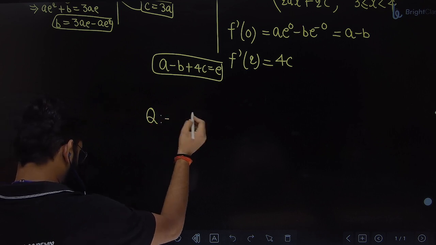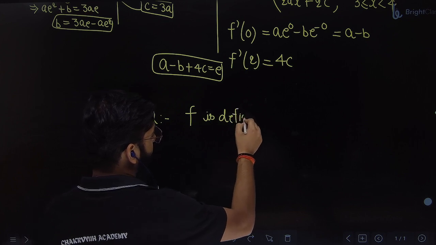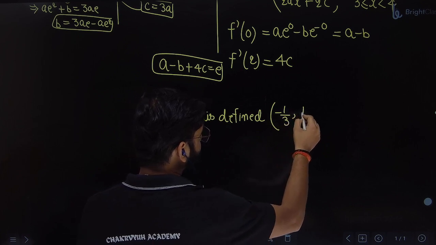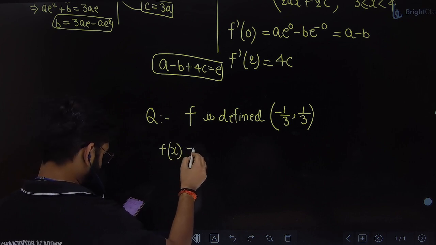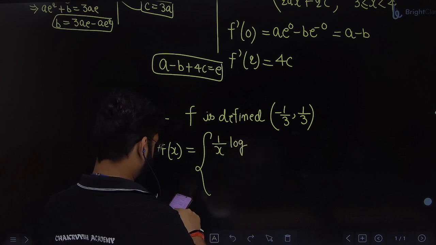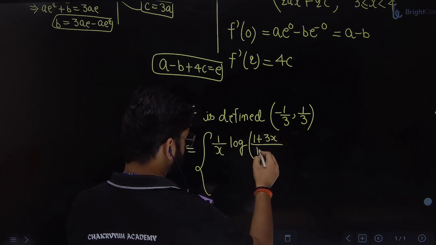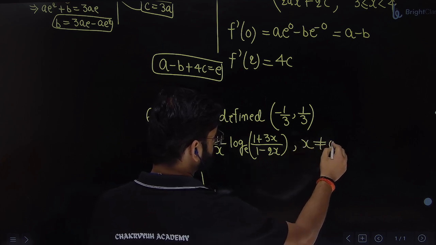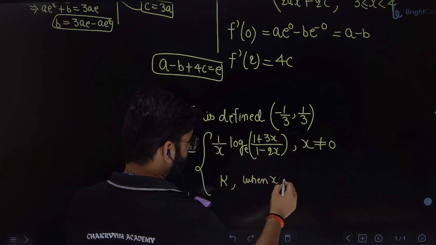The question is: function f is defined for minus 1 by 3, 2 plus 1 by 3. So f(x) is 1 by x into log of (1 plus 3x) by (1 minus 2x) when x is not equal to 0, k when x is equal to 0.